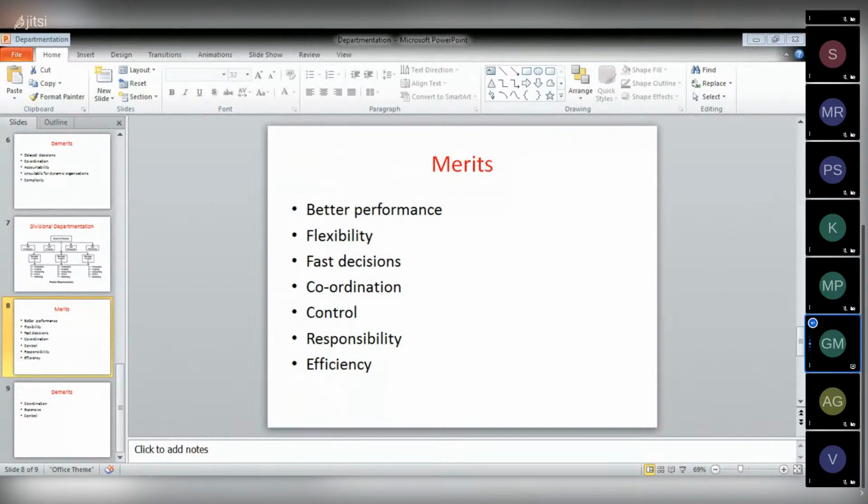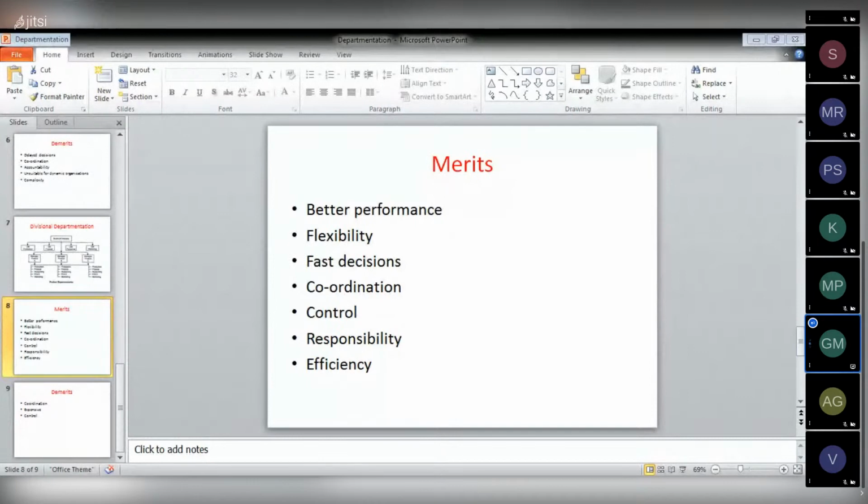You are also responsible for your division, so you can improve the performance and the profitability of your division, and also its efficiency. For example, you can eliminate certain costs and certain unprofitable products so that you are improving the efficiency of your division. So these are the merits of divisional departmentation.